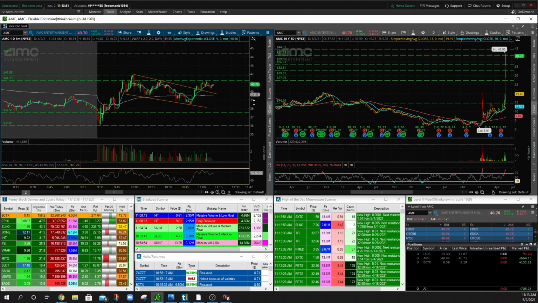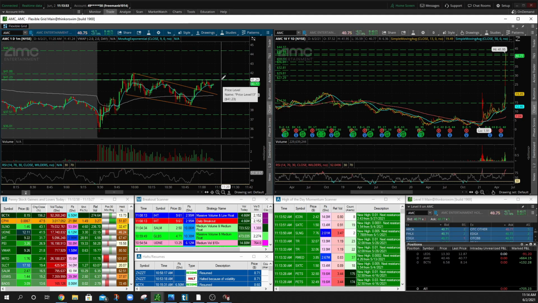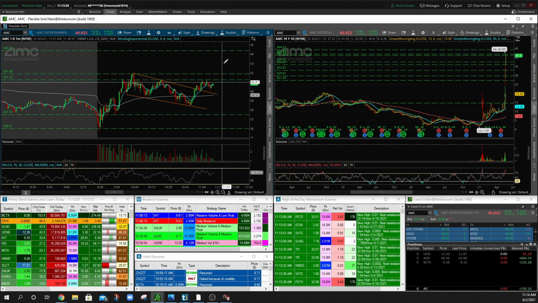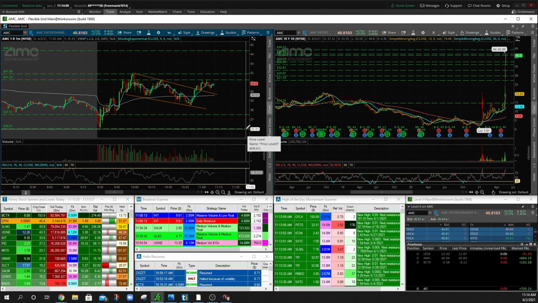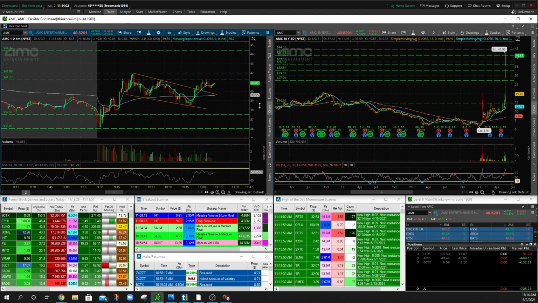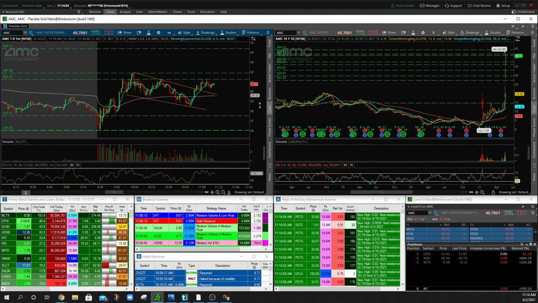So if you're looking to take this trade, you would be getting in around 41.24, looking at profit at 41.88 just in case it gets rejected and moves back down. So you have about 60 cents of profit. Then you go 2 to 1, so my stop has to be 30 cents.